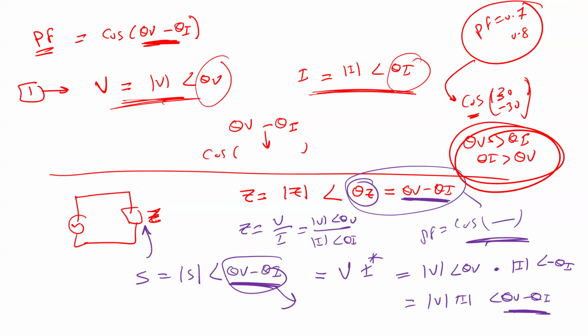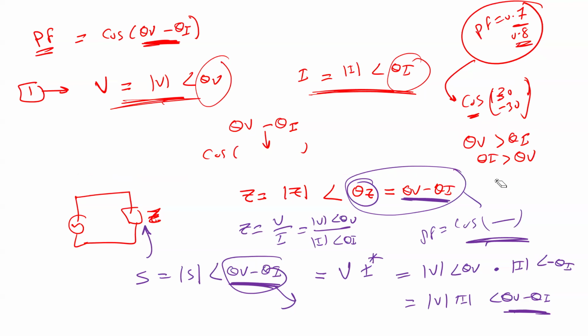So when I tell you the power factor is 0.7, you can know theta V minus theta I for sure, you can calculate it, but you don't know if it is positive or negative, because in both cases cosine will make it positive. You understand what I'm saying?